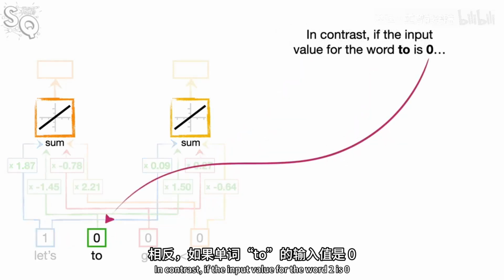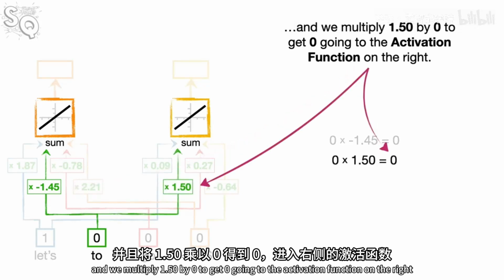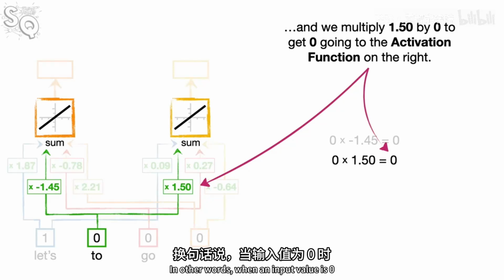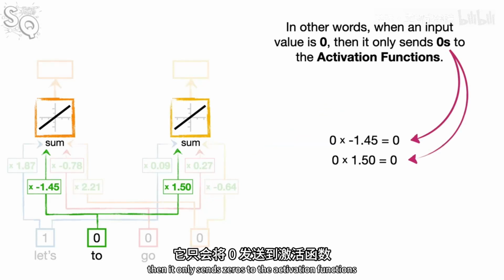In contrast, if the input value for the word "to" is 0, then we multiply negative 1.45 by 0 to get 0 going to the activation function on the left. And we multiply 1.50 by 0 to get 0 going to the activation function on the right. In other words, when an input value is 0, then it only sends zeros to the activation functions.